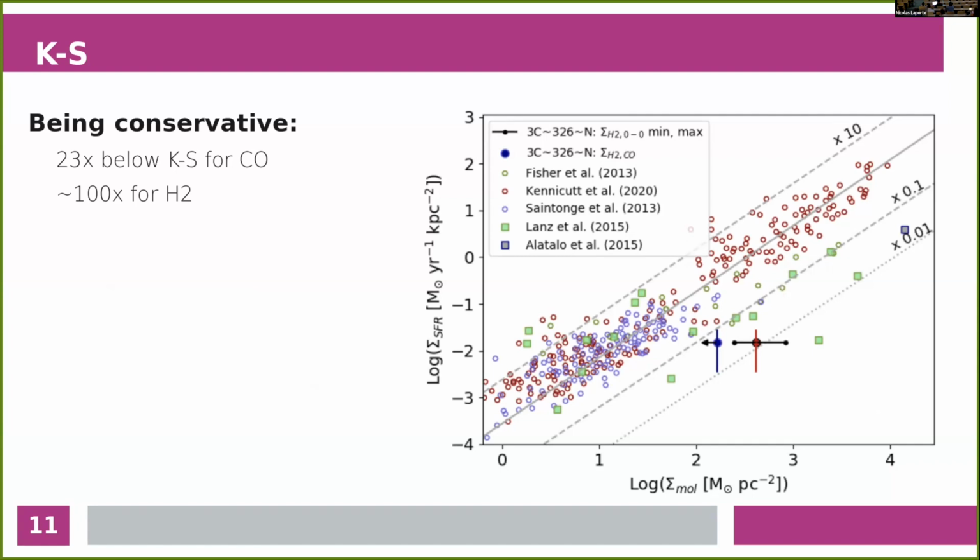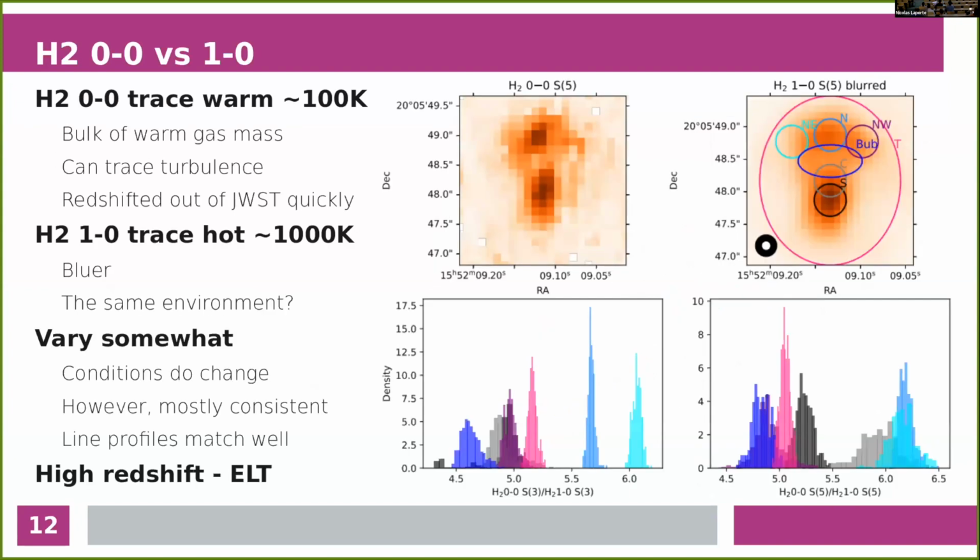If we switch to H2, which actually traces the warmer 100 Kelvin gas, as I was saying earlier, which seems to be a larger component in this object than the cold gas, you get further away. You get 100 times below. And this is all being quite conservative. The offset gets much larger if you make different assumptions.